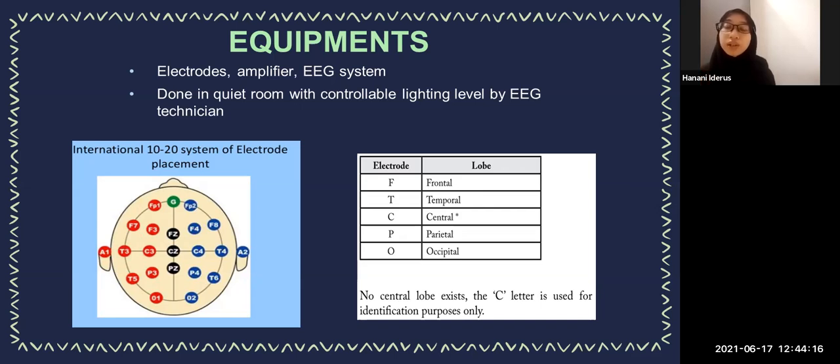And then the numbering determines the side, because the left side is an odd number and the right side is an even number. It will help us for the reading later.